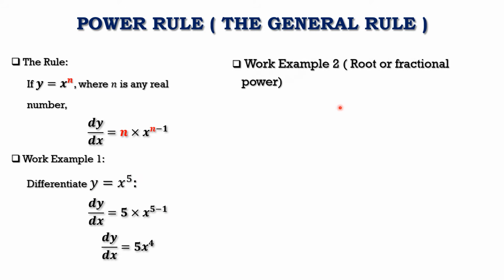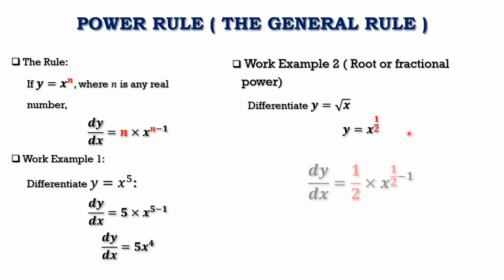So here we can also work on example 2, which is about the root or fractional power. Let's see, we are supposed to differentiate y equal to square root of x. This expression can be rewritten as y equal to x raised to the power 1 over 2. Remember, square root represents an index fraction of 1 over 2.